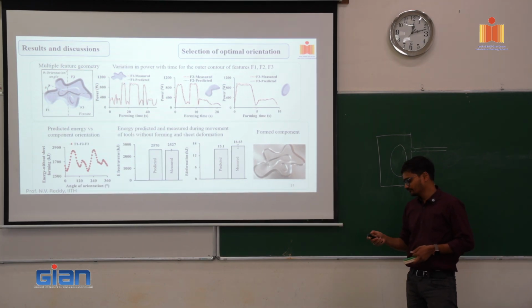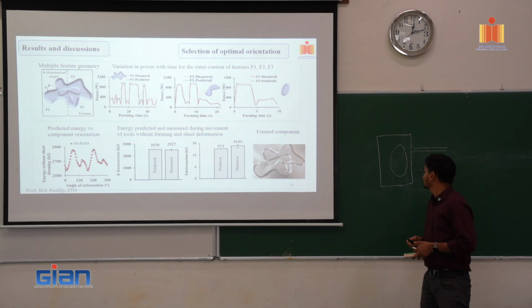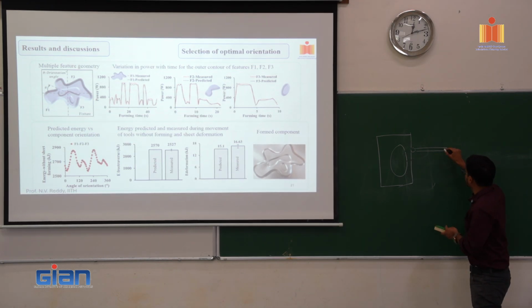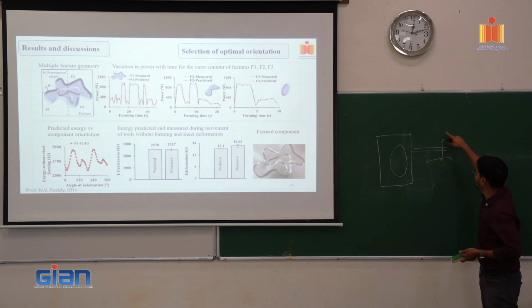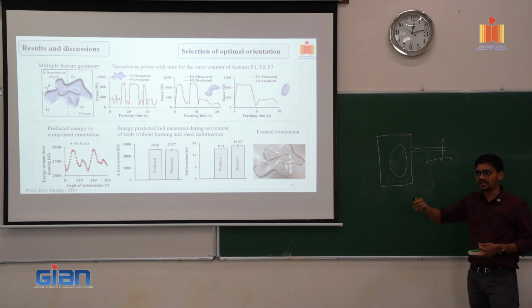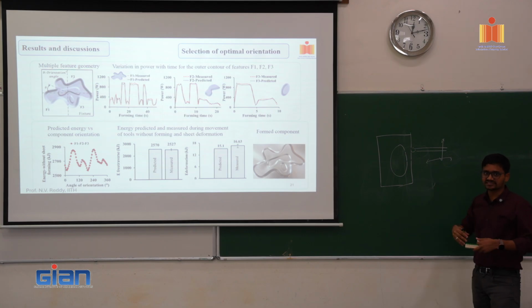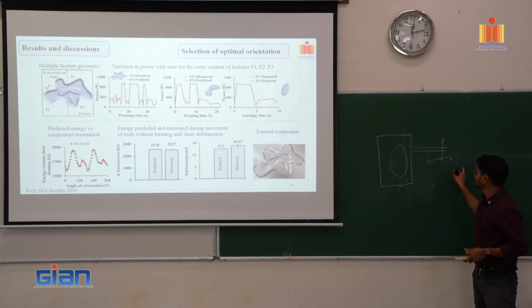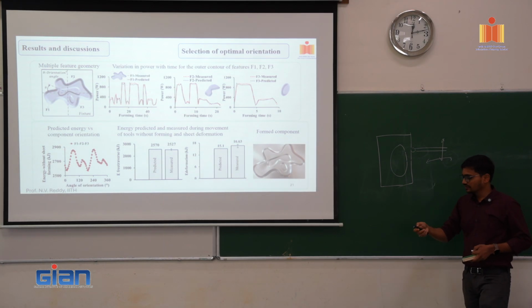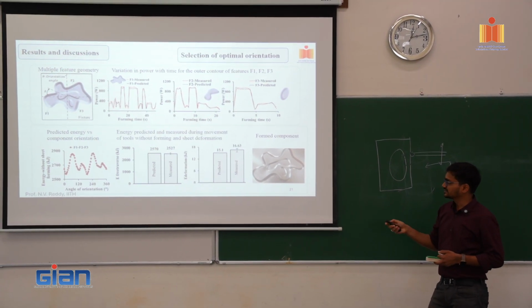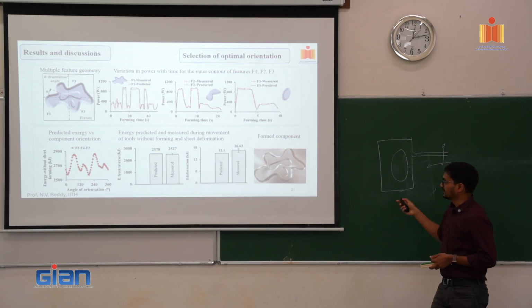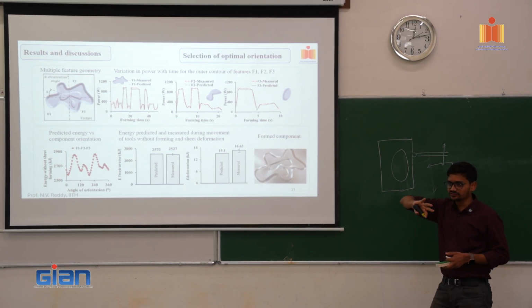This is because when the tool traverses in, let's say, this direction versus this direction, the energy requirement is different. In this direction, the tool has to counter the effect of gravity. So the energy requirement in traveling in the z direction is typically more compared to traveling in the horizontal direction. So when you are changing the orientation, you are able to play such that your energy requirement is less.